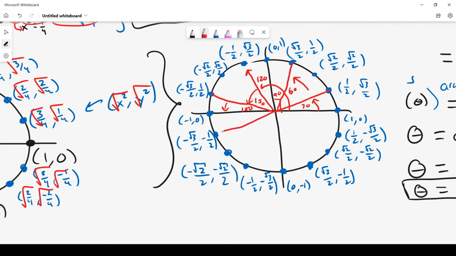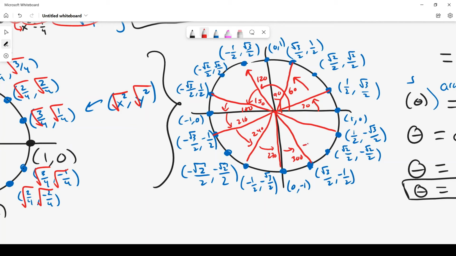Actually, you know what? For sake of completion, let's just keep going. Doing another jump of 30 around here would be 180 plus 30, 210. Another jump of a third here would be 210 plus 30, 240. Another jump of a third here, 240 plus 30, which would be 270. Jump of a third here would be 270 plus 30, 300.